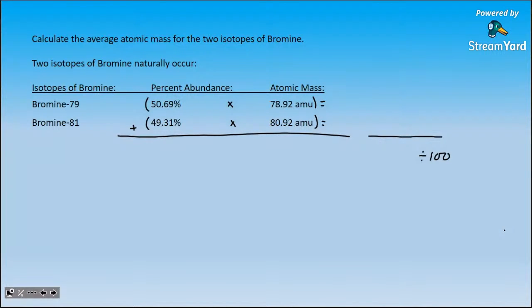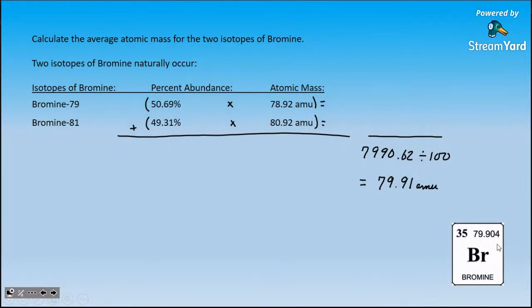And when I do that, I get 7,990.62, making sure I read my calculator correctly this time. And then I'm going to divide that by 100. And when I do so, I'd get 79.906, but the 6 rounds that 0 up to a 1. And I get a final answer of 79.91 AMUs for bromine.